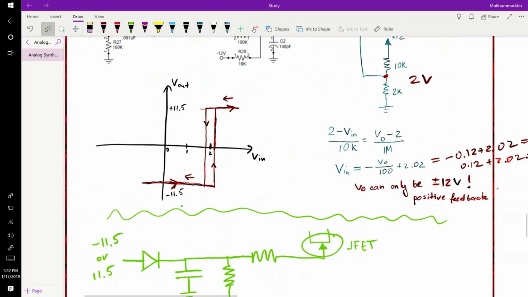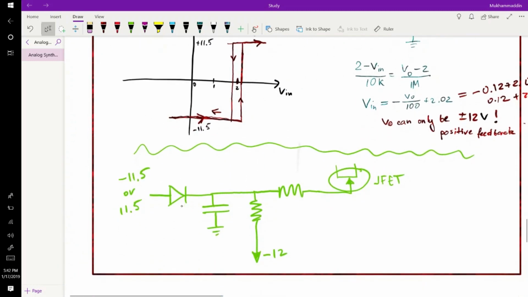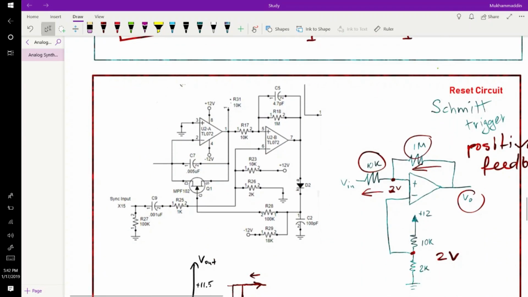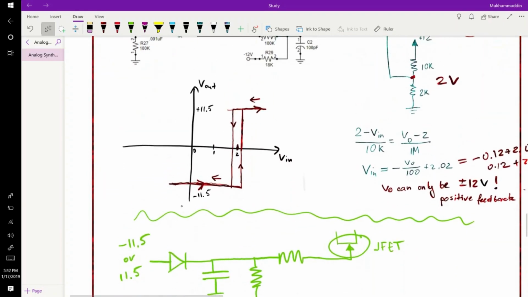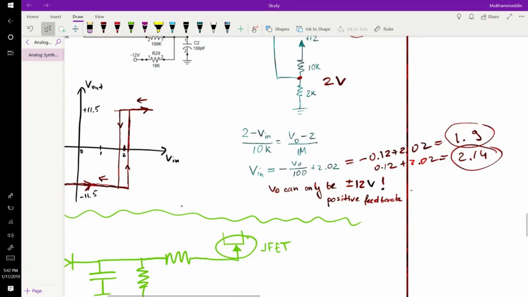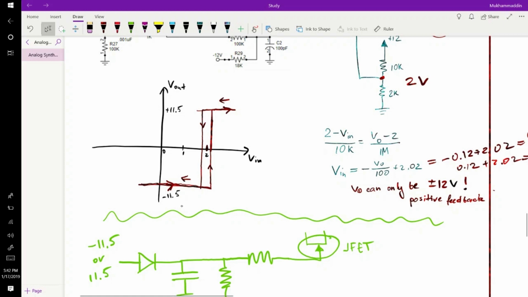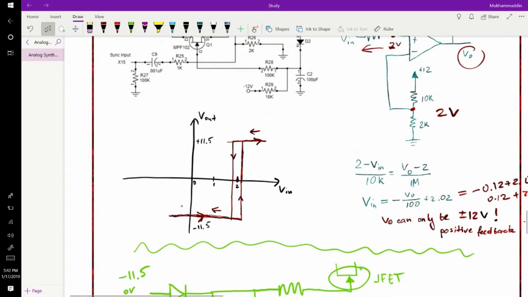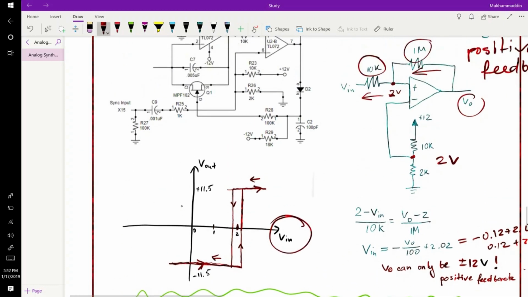Now, what happens when it's at either of those states, when it's at minus 11.5 and 11.5? Notice that this Vin is our ramp voltage.